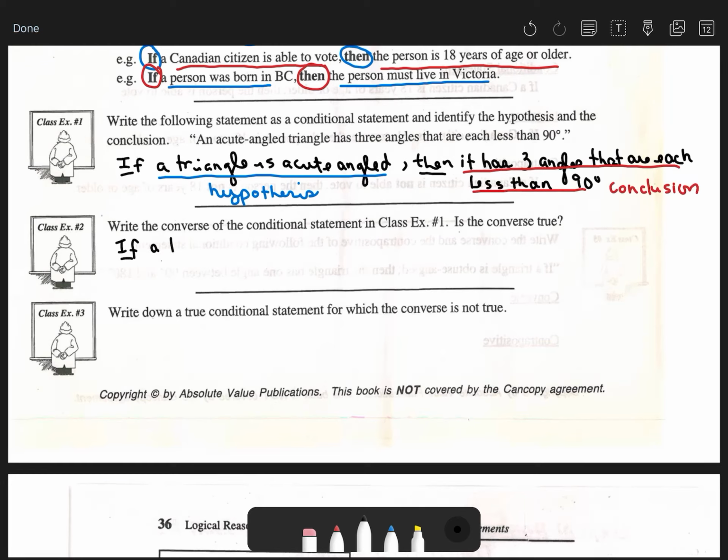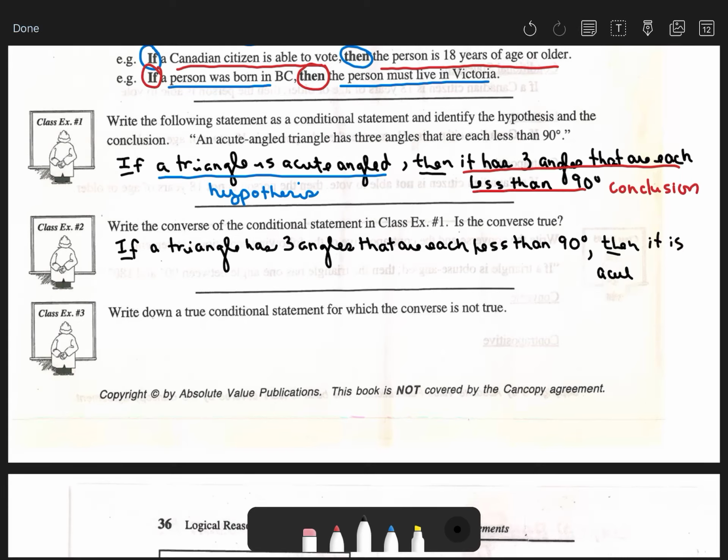So now it's: if a triangle has 3 angles that are each less than 90 degrees, then it is acute angled.